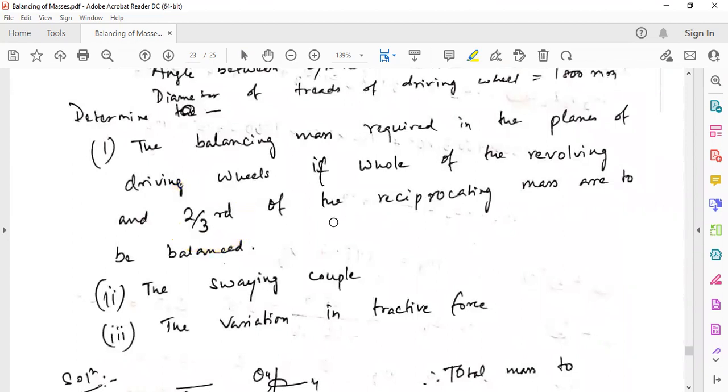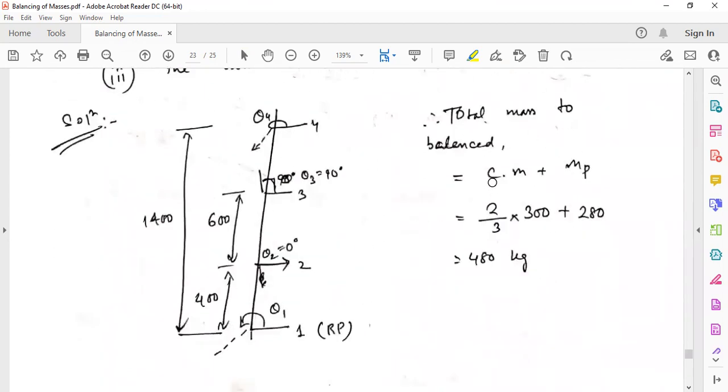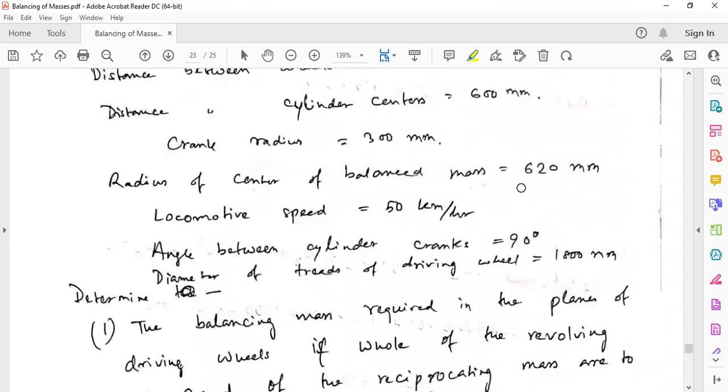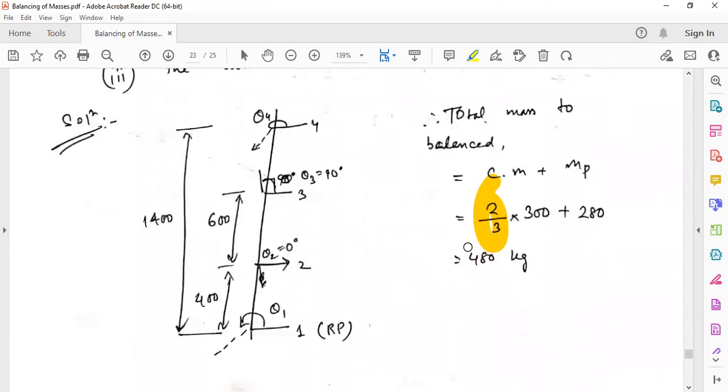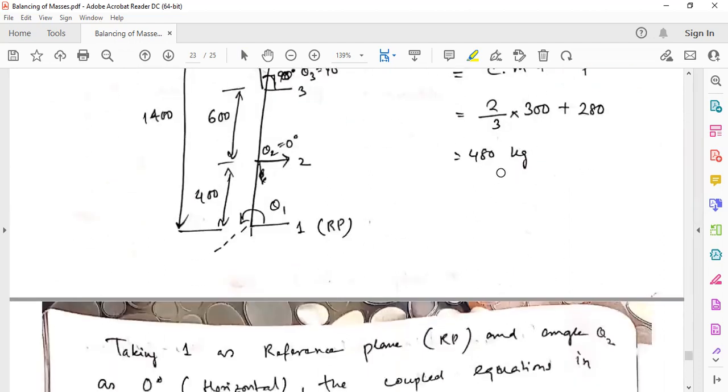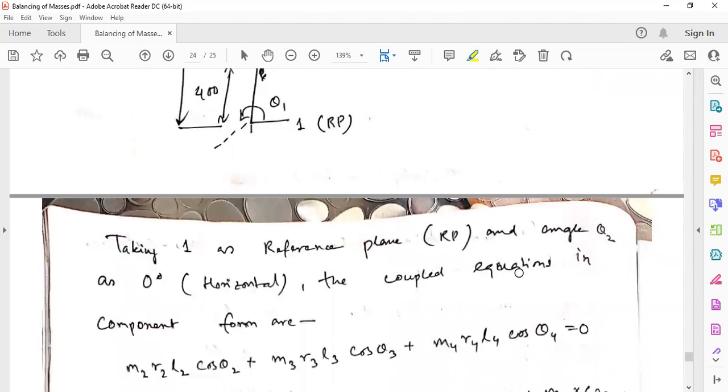That means C is 2 by 3. The reciprocating mass is 300 kg, plus the rotating mass 20. So using the formula Cm plus m, you find the total mass to be balanced. C is 2 by 3, m is the reciprocating mass plus rotating mass. So this is the total mass, 40 kg. We need to balance it.